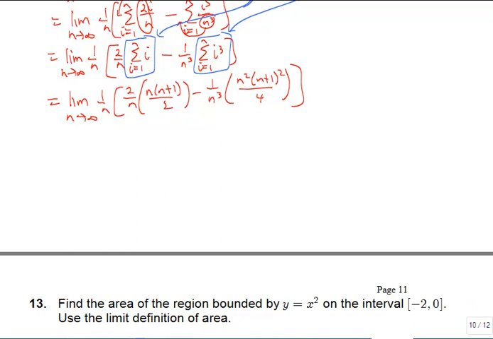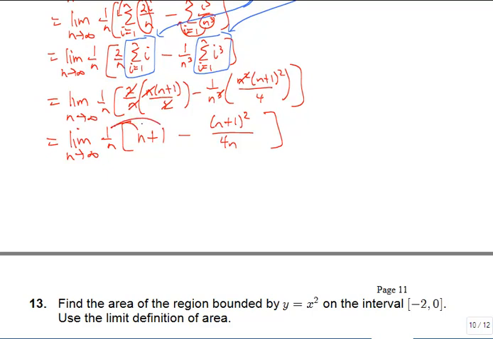Okay, now it's kind of up to you how much simplifying you want to do here. I'm going to try to get away with as little simplifying as possible. In this first part, I'm going to cancel out my 2's, I'm going to cancel out my n's, so this is just n plus 1. Over here, I'm going to cancel out 2 of these n's, so I'll have a 4n left, and I'll have n plus 1 squared on top.